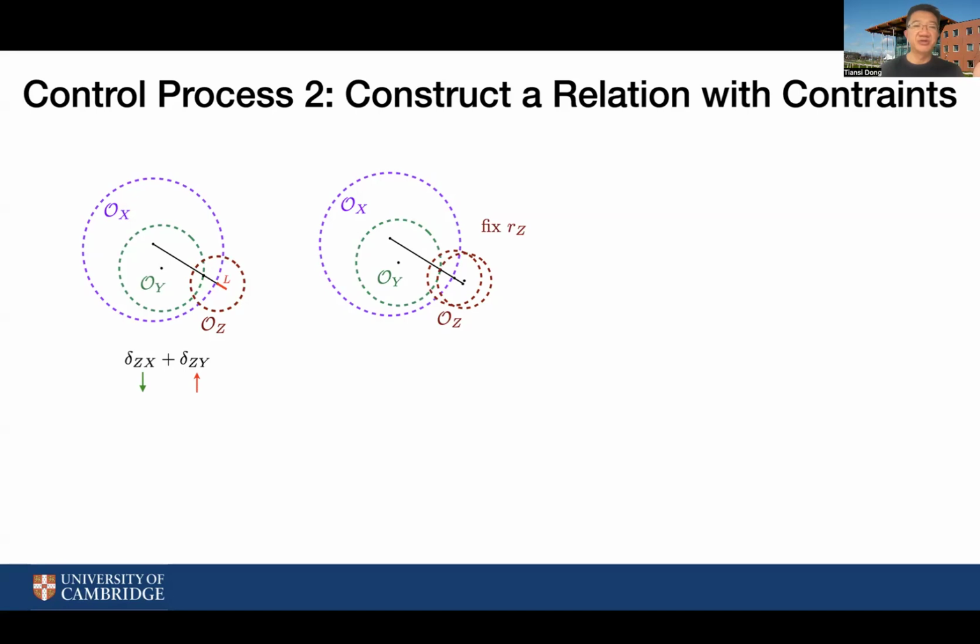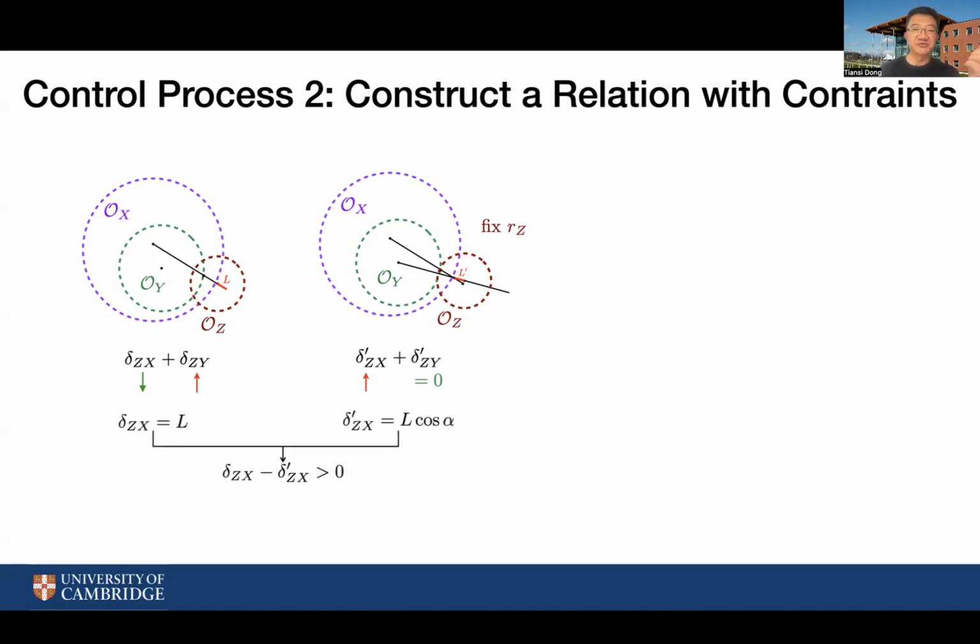And now we need to repair the relation, the loss between Y and Z. So the process will push Z away from Y till they exactly disconnect. And this process will increase the loss between Y and Z. And the increased loss is L prime. So the loss between Z and X increases, and reparation means the loss between Y and Z equals 0.